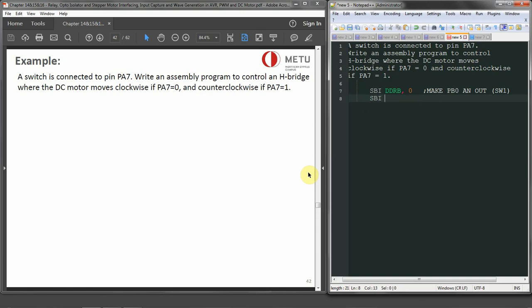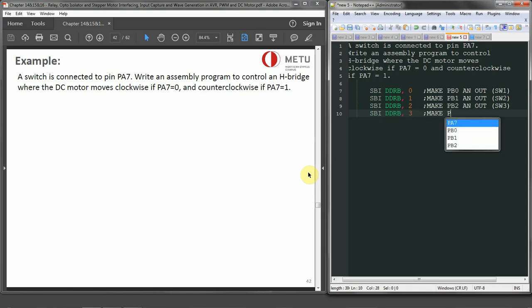Then SBI DDRB 1, make PB1 an output, which is switch 2. SBI DDRB 2, make PB2 an output, which is switch 3. And SBI DDRB 3, make PB3 an output, which will be switch 4.